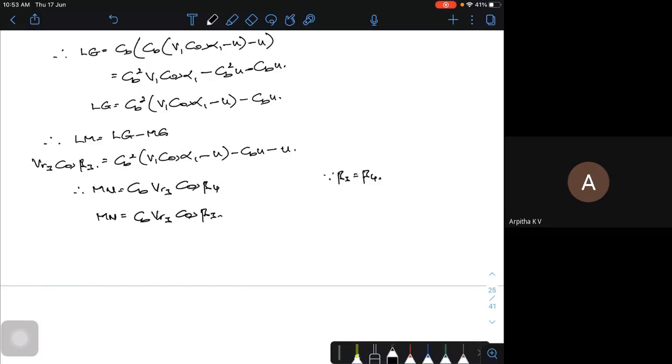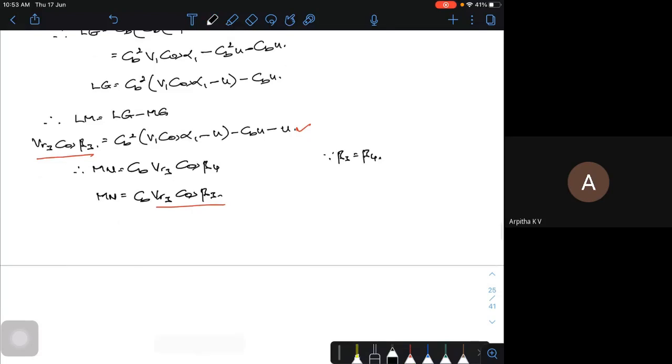Now what I will do, I'll substitute for this VR3 into cos beta 3, this particular thing with this one. That's why I took this as second case.